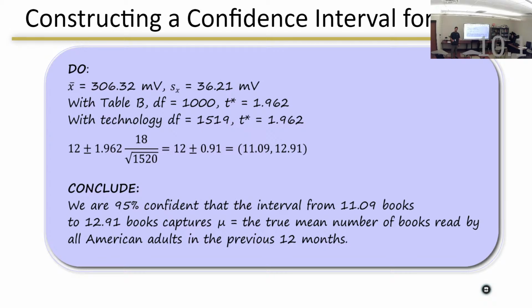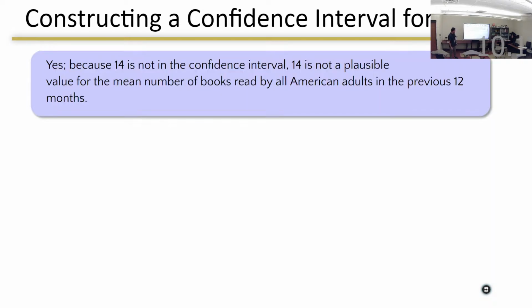Don't say I have evidence that it's less than 14. Just say I have evidence that it's not 14, because 14 is not in my interval. Yes, because 14 is not in the confidence interval, it's not a plausible value for the mean number of books. Just don't mention that we think it's less, even though it looks like it's less.